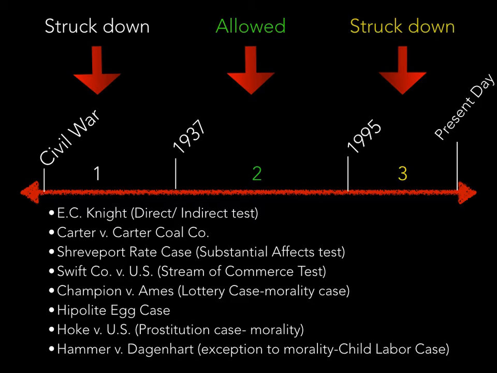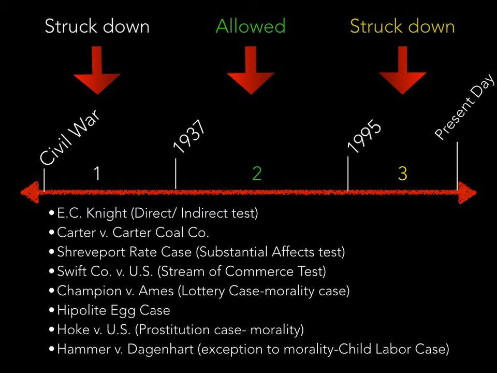And those three tests rather, you will synthesize them after the Lopez test, and I'll show you guys how to do that in a coherent way, because a lot of these tests kind of overlap, right? The stream of commerce and substantially affecting tests, both of those really overlap with each other, right?